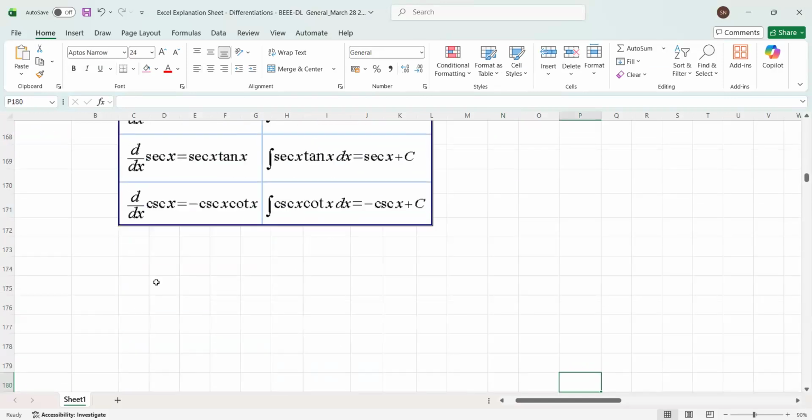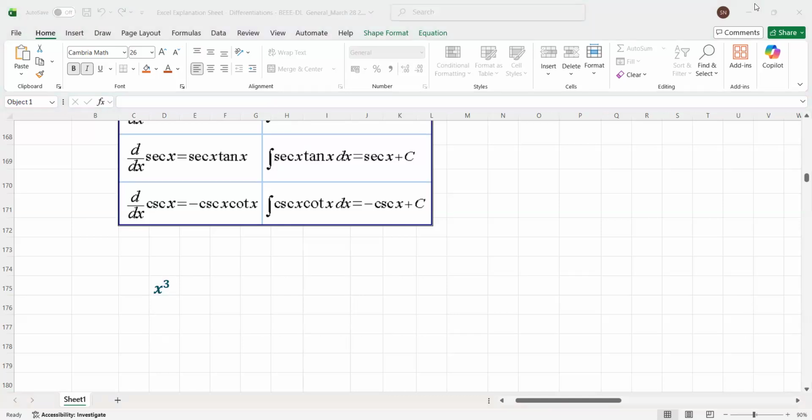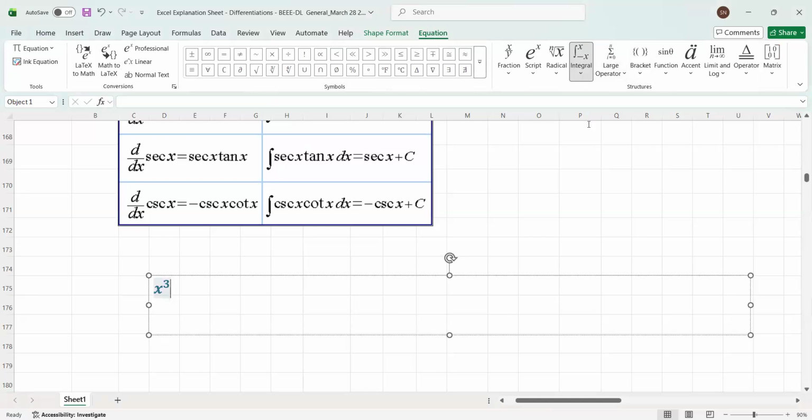If we're given x raised to the power 3, and this is supposed to be the integral of a function, the integral of a function is written as this: integral of x to the power 3 dx. This is how integral functions are written.